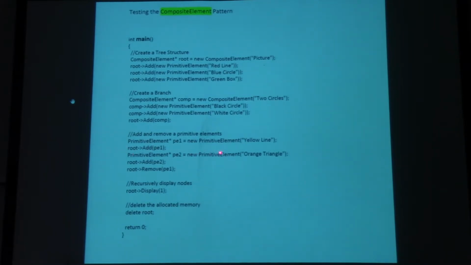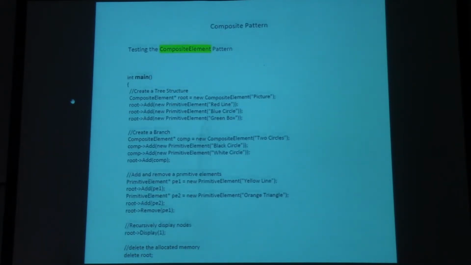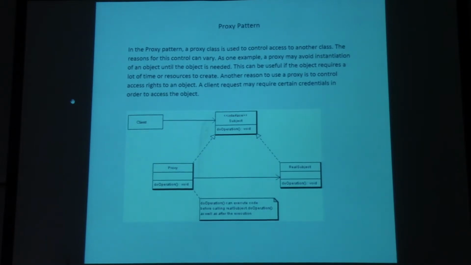We're going to create a new primitive element orange triangle. We're going to add it. We're going to remove the yellow line. And then finally we're going to display. And as we display it, okay, I guess I don't have the output for it, but what's going to happen is all of this, you're going to see the nesting of these elements. So that's how this composite pattern is going to work.